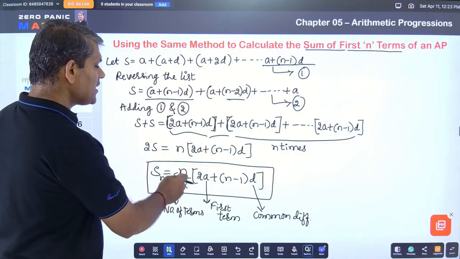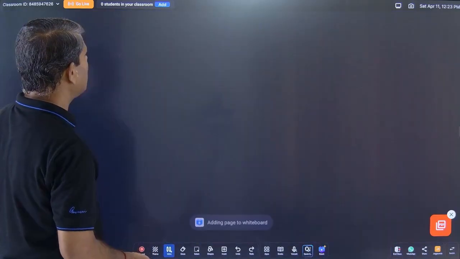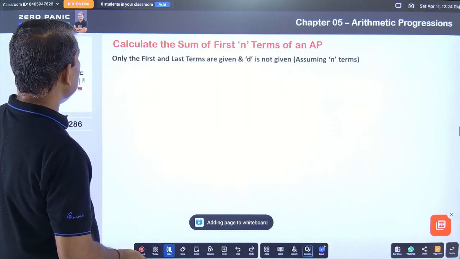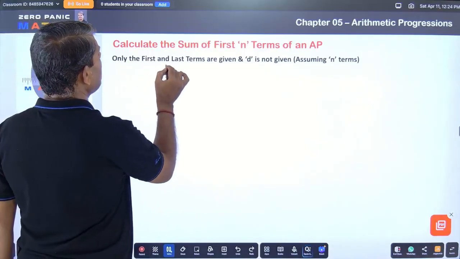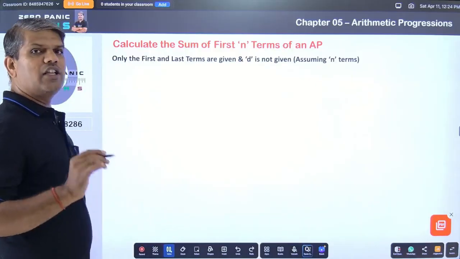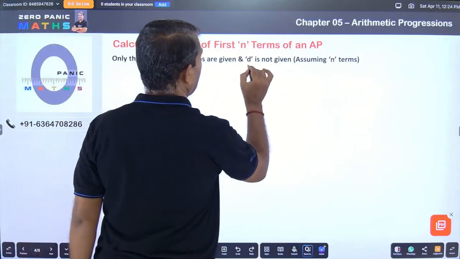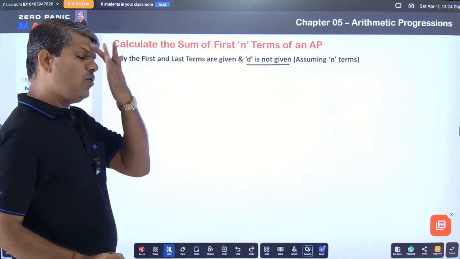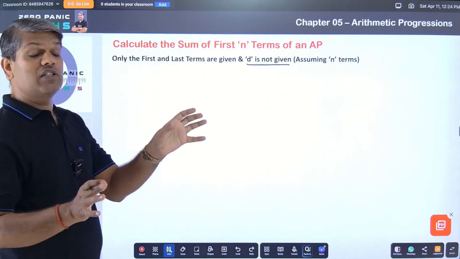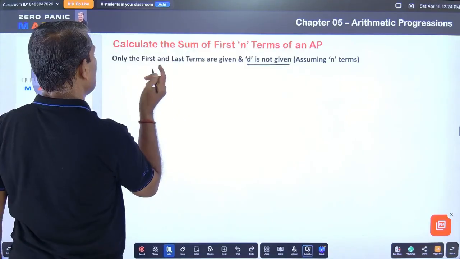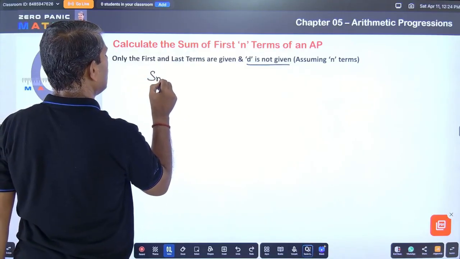Let us just modify this formula a little bit, for when only the first and last terms are given and no difference is given. If d is not given and only the first and last terms are given, just modify the formula.